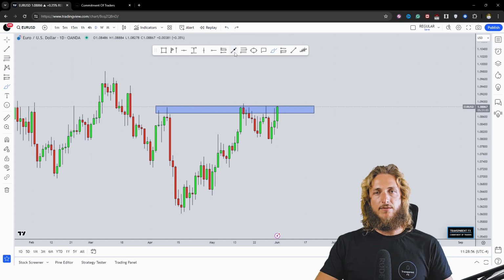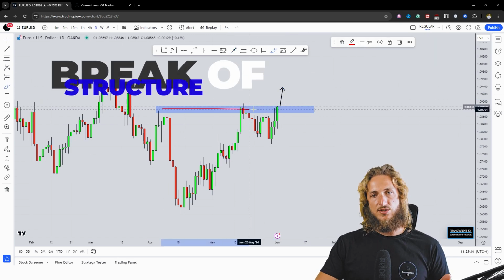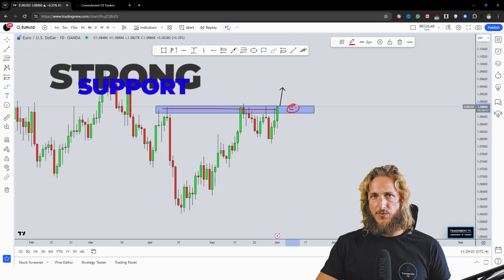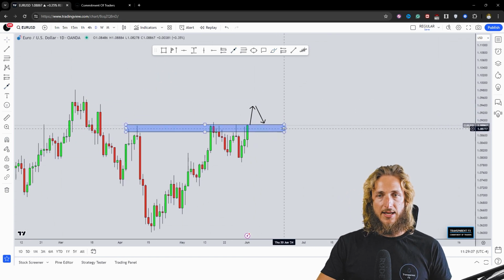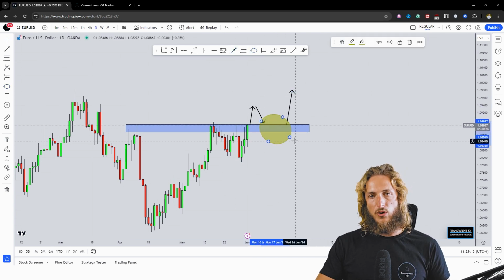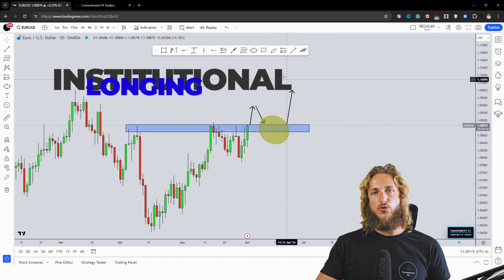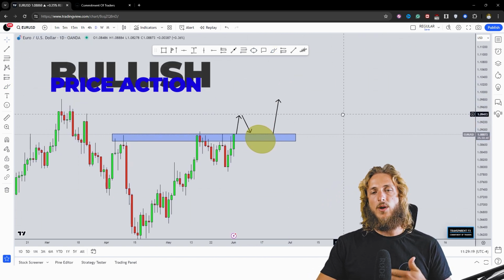Only if the market manages to break above this zone would this previous resistance become support. Only if the market breaks above the zone, at that point on the retest of that previous resistance turned support, is where, in my opinion, there is a high probability of getting more institutional longing, which at that point would further increase the probabilities of a potential rejection to the upside away from this area.